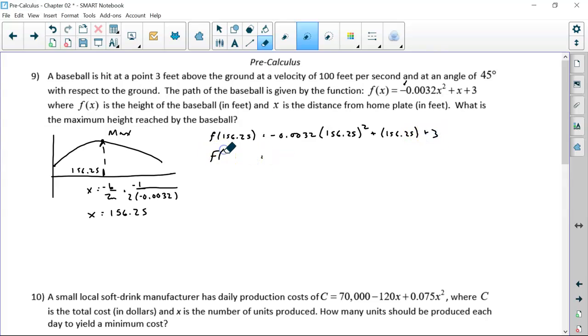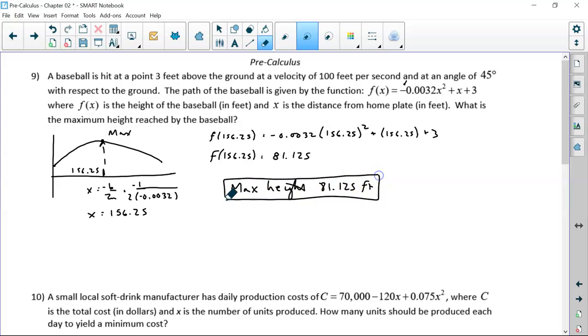So f, when x is 156.25, is 81.125. So there's the maximum height. The maximum height that the ball reached is 81.125 feet. And there is the maximum height.